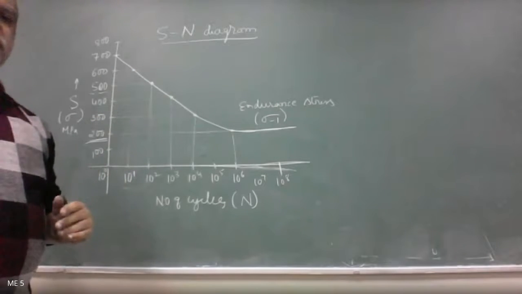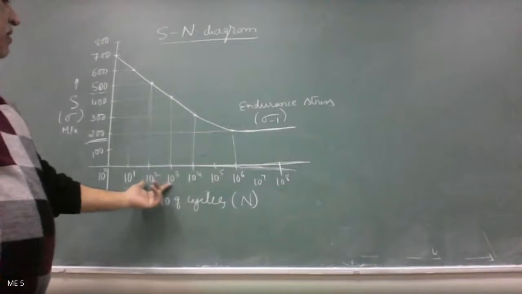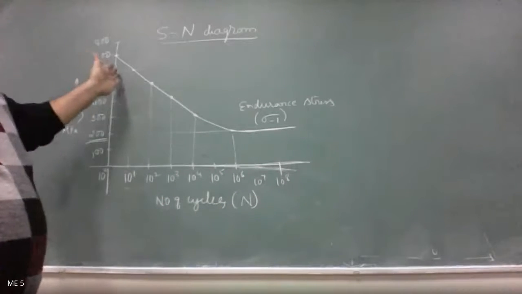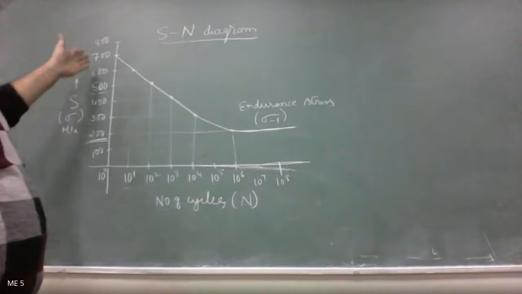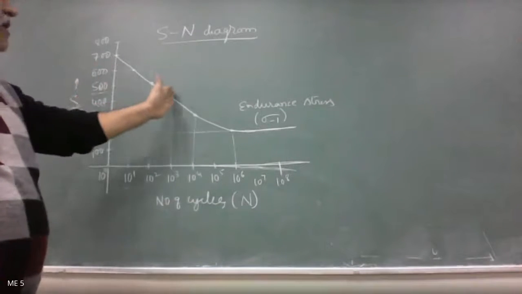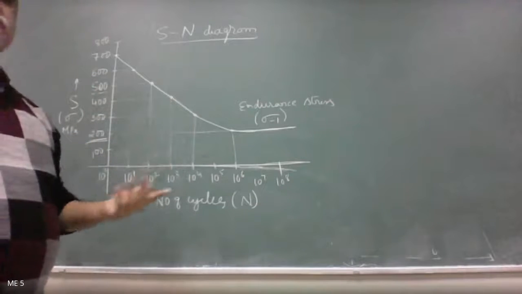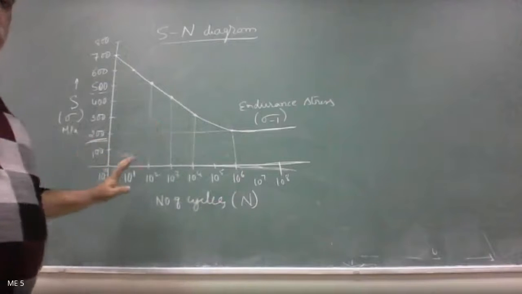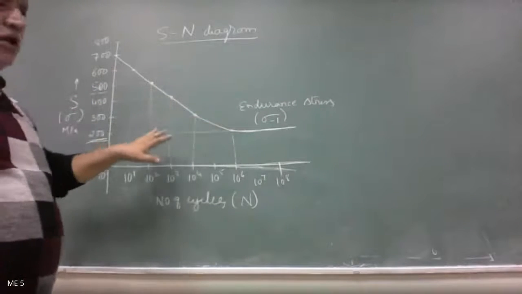It gives a very clear picture of how many cycles a material can withstand when subjected to various types of loads. Or the other way around, what stress it can withstand and how many cycles when I subject that component to that amount of stress. So we get that study from the SN diagram. The SN diagram is available for almost all materials.